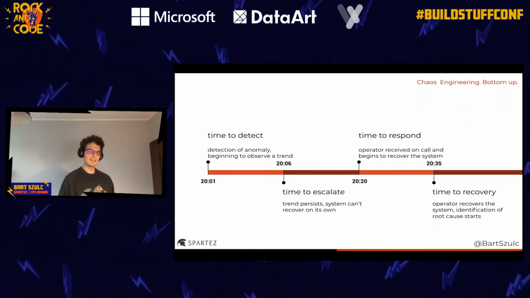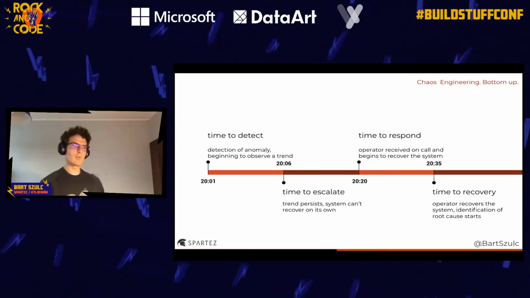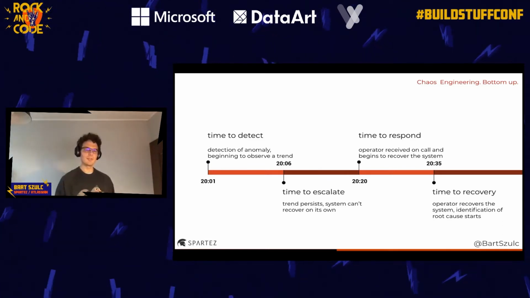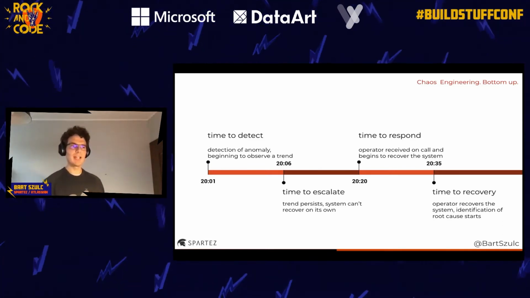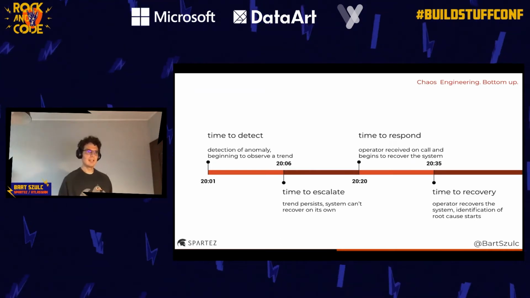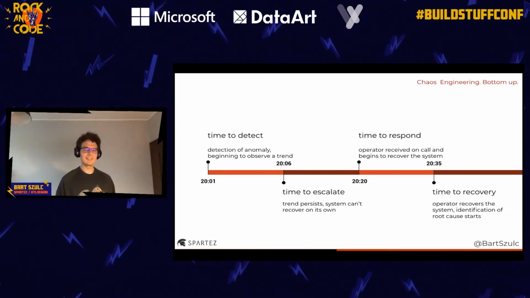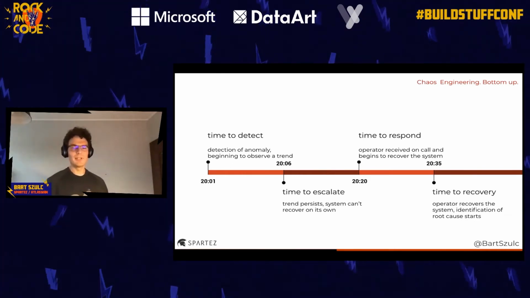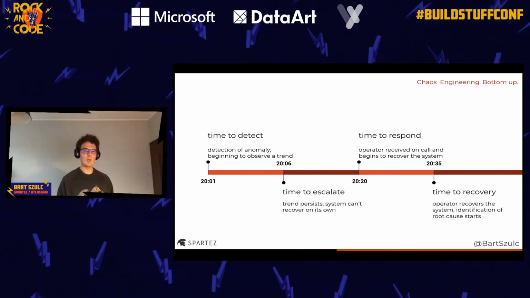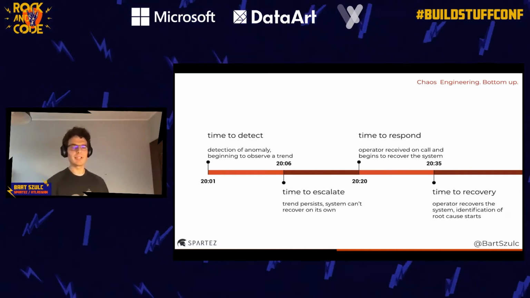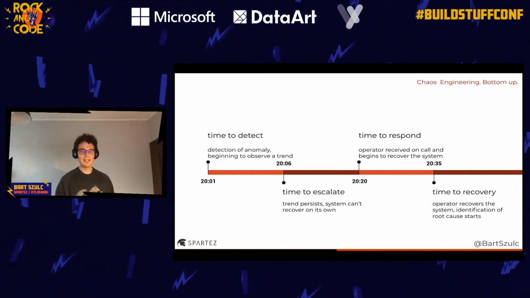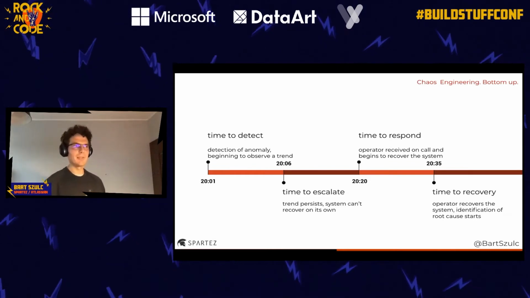And even if things go wrong for you, right? You are assuming that your system can handle certain conditions, but if it can't, it's still something you can learn from. For instance, you can learn how well you react to problems, how well you react as a team and as a system to incidents.